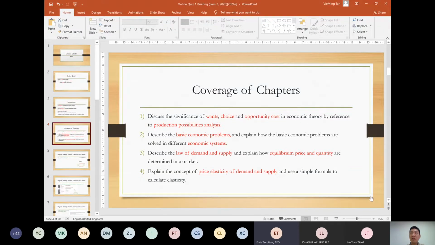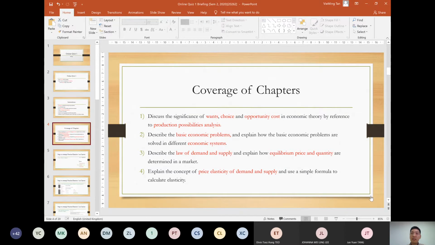Yeah, so that means the world has limited resources to fulfill unlimited needs and wants of human, right? Because the resources available in the world are limited, they cannot fully fulfill the unlimited needs and wants of human.